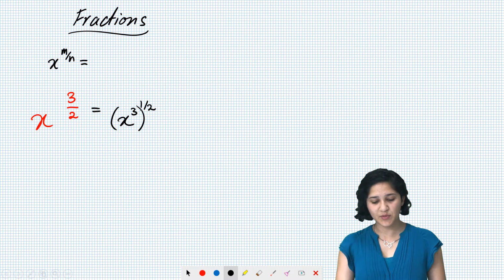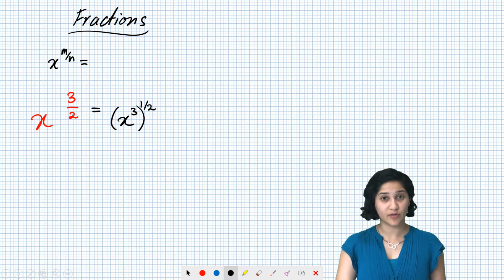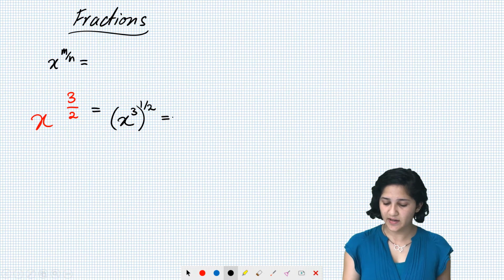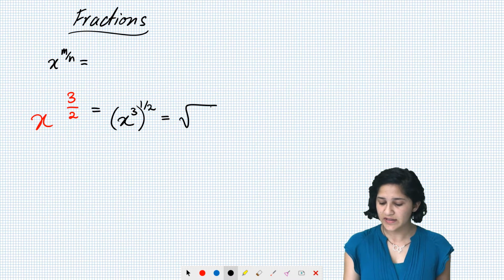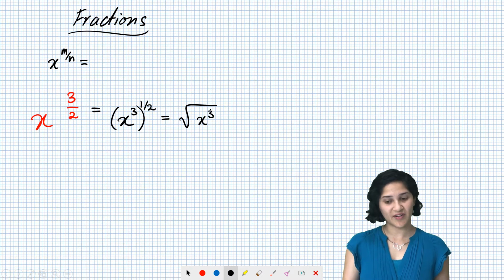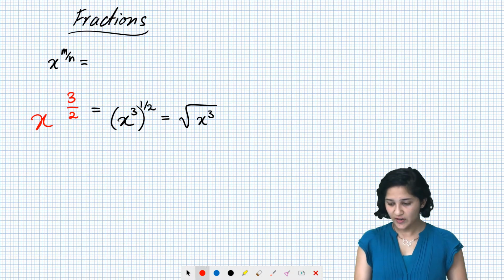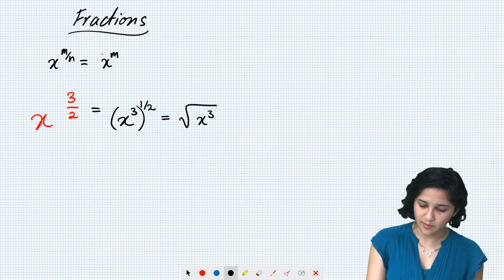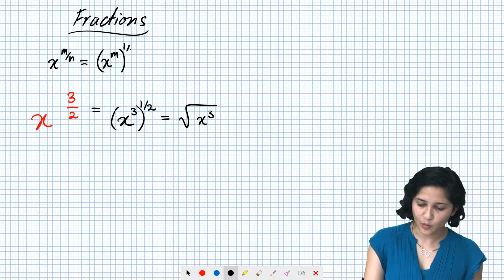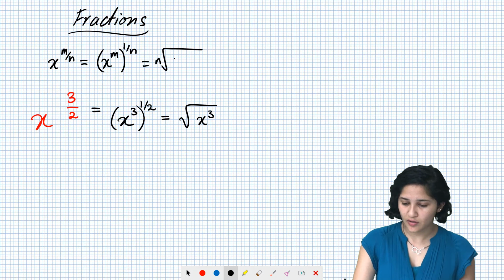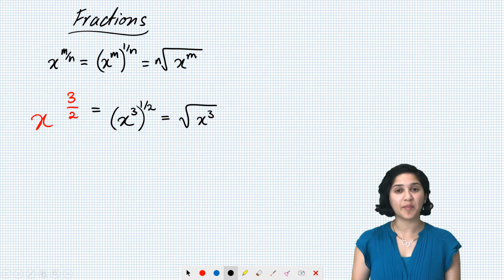Because 3 times 1/2 is 3 halves, we can rewrite it this way, which means that if we interpret the power of a half as a square root, this means square root of x cubed. So in general, we can rewrite this as x to the power of m to the power of 1/nth, which means the nth root of x to the power of m.